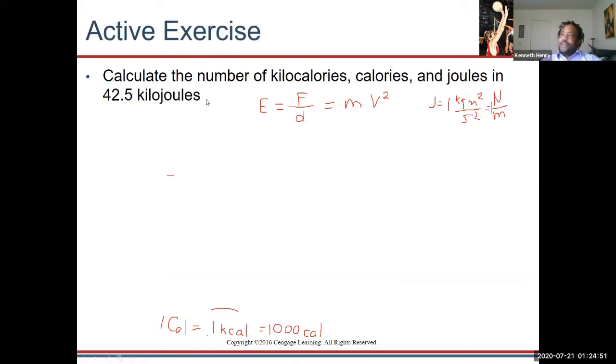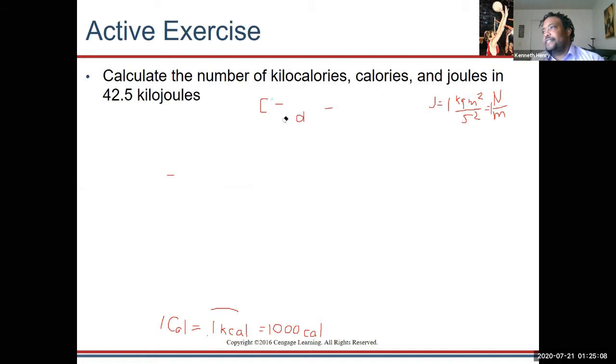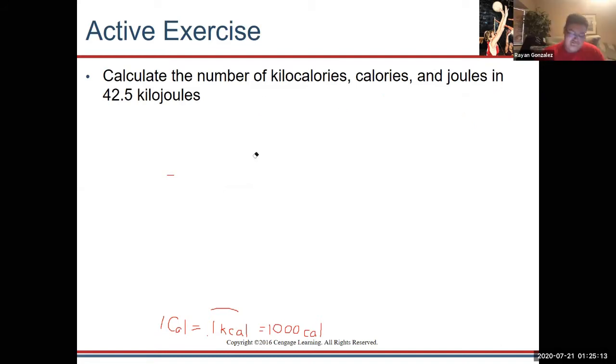Okay, so this is what we have. Calculate the number of kilocalories, calories, and joules in 42.5 kilojoules. Alrighty. Okay, so this is what we're going to do.